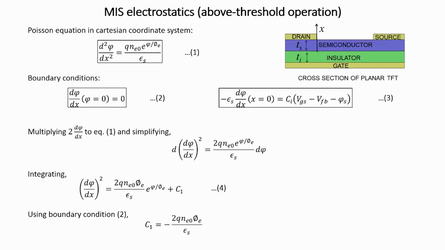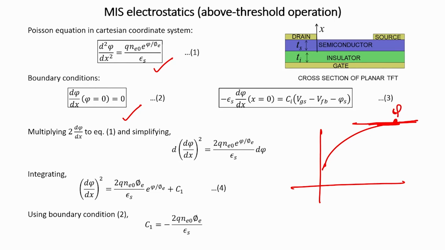So, we have this Poisson's equation to be solved, and there are 2 boundary conditions. The first boundary condition says that when you have band bending in the semiconductor, the point at which phi is 0, that is when we achieve flat band, we have defined phi, the reference potential, as the potential in the bulk.